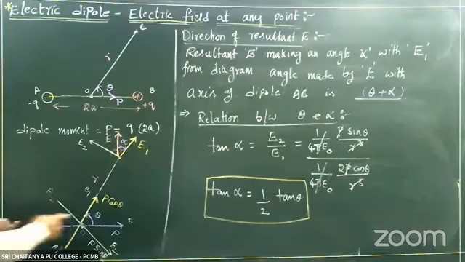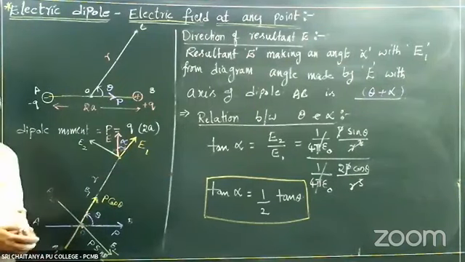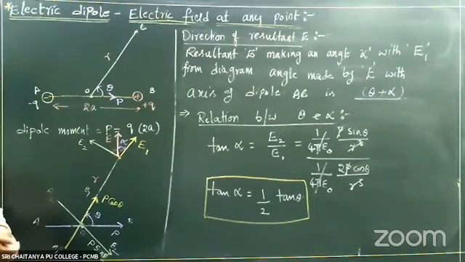Relation between theta and alpha: tan alpha is equal to half tan theta. Clear? Next.